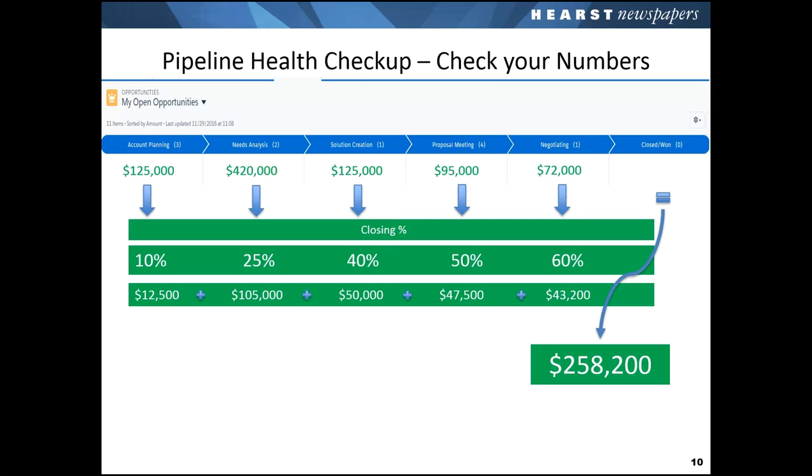What this tells me in needs analysis is that I've done a pretty good job converting opportunities from account planning, or better yet, I'm actually qualifying and getting the appointment up front. So rather than waiting around for somebody to call me back or just touching base with an email, I'm calling in, I'm getting that meeting up front with the prospect. So I've got a decent bucket here in needs analysis.